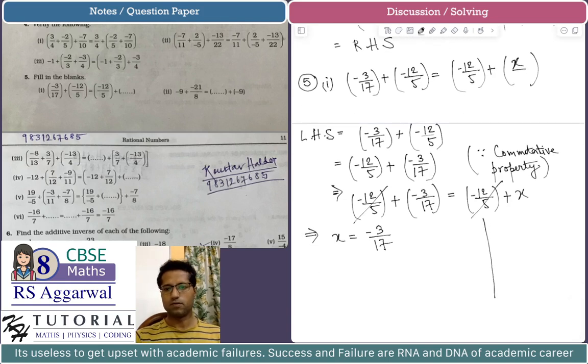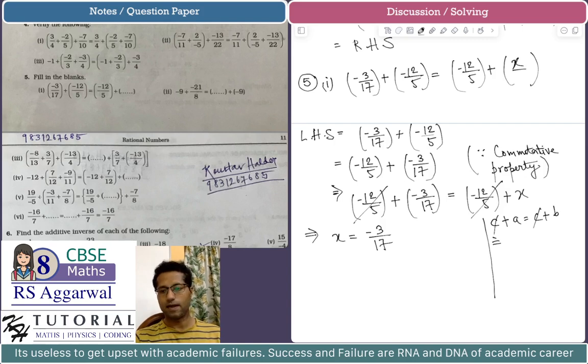I hope you are aware of the fact that this is true for any number system: fractions, decimals, integers, rational numbers, natural numbers, whole numbers. If you have an equation of the form c plus a equals c plus b, where c is some number, you can cancel c from both sides.